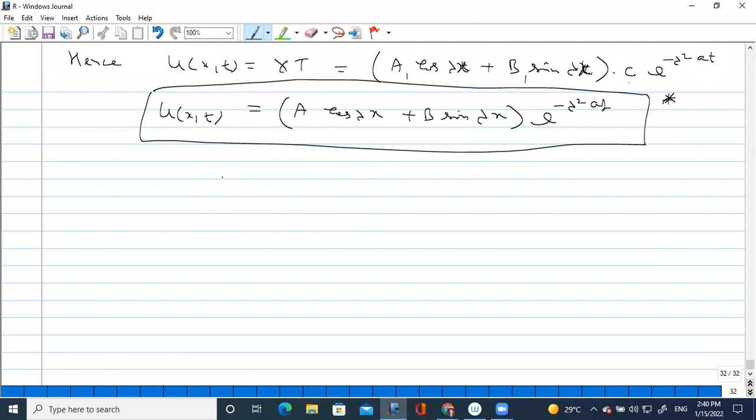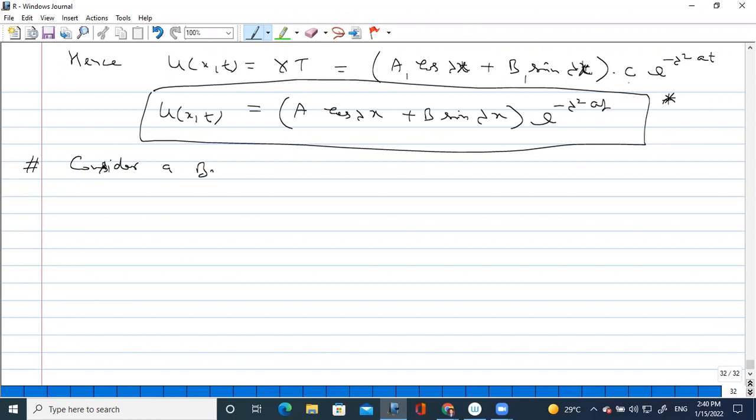Now let us take one question. We have to find out these constants a, b. Understood? Because it is like a Fourier series only. In Fourier series also we find the coefficients a_n and b_n. So that we will learn here. So here the question can be given.